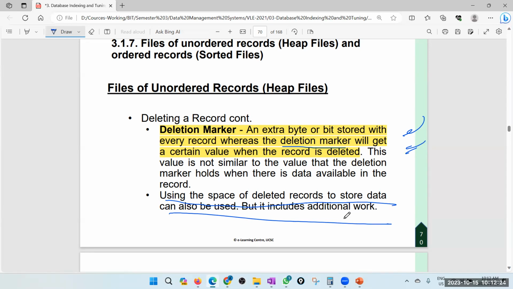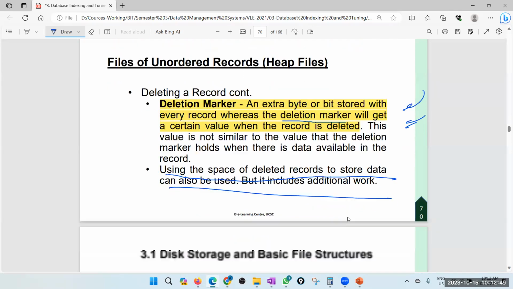Generally, you always insert it at the end rather than look for marked areas, because that is additional work. The idea behind a heap file is just to add it to the end. But you have to think about these special cases. If the examiner asks, you have to say yes, this possibility is there, but it creates additional complexity for your heap file.